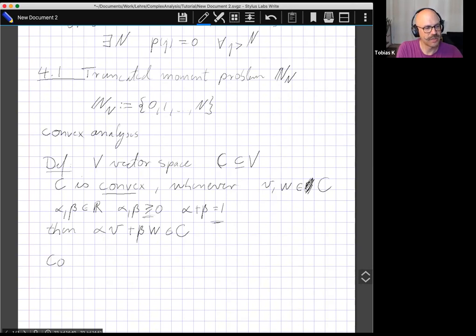It's a convex combination. A convex combination is, as you could imagine, something like the sum of alpha i vi, i from 1 to n, where the vi are in our vector space, the alpha i's are non-negative, and the alpha i's sum to 1.